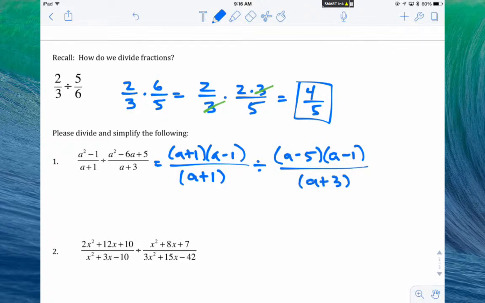Now, this is usually the time when we do our variable restriction, so let's do it. Neither of these denominators can be 0, because if they were 0, the expression would be undefined. So a cannot equal -1. a can also not equal -3.